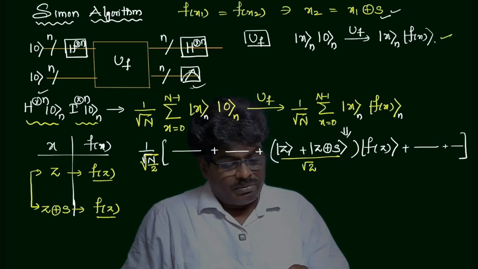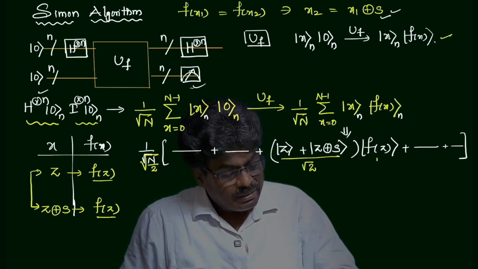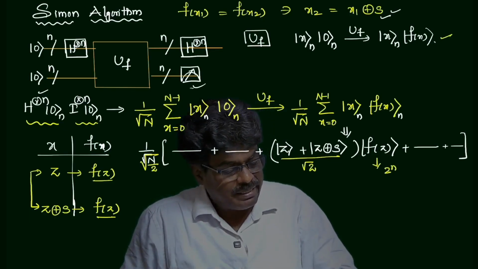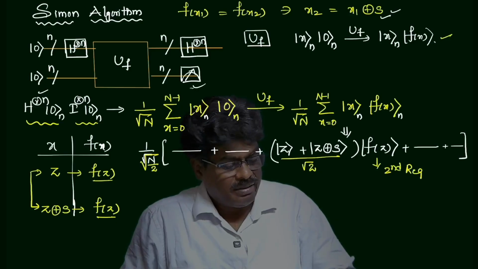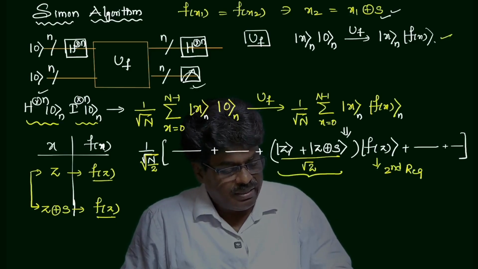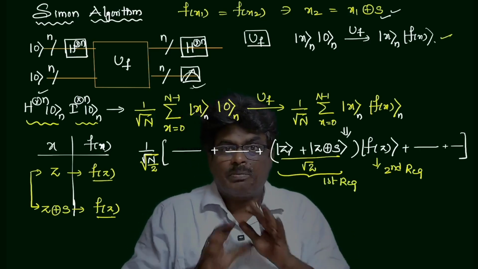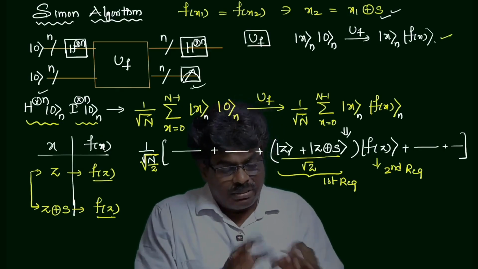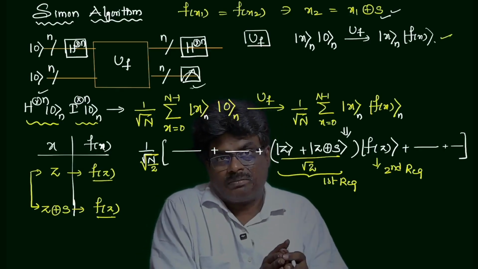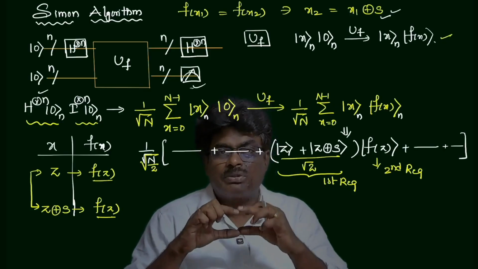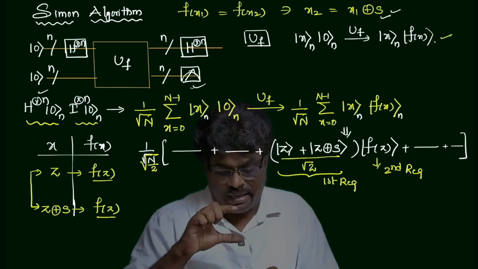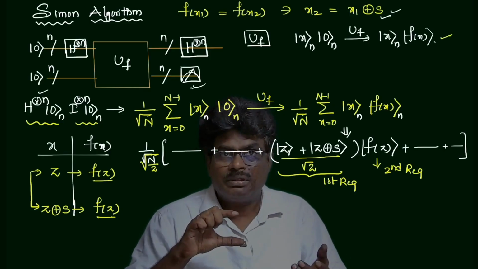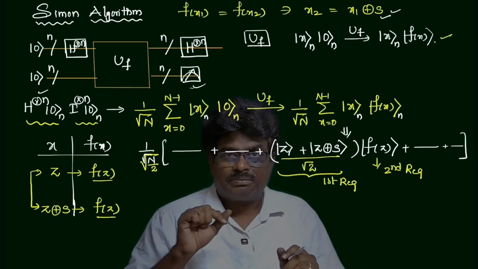Now remember, this is your second register and this one is the first register. I hope everybody understands this. So this we have written from that tabular form. Somewhere two arbitrary inputs, z and z XOR s, have the same output. So I have taken that.